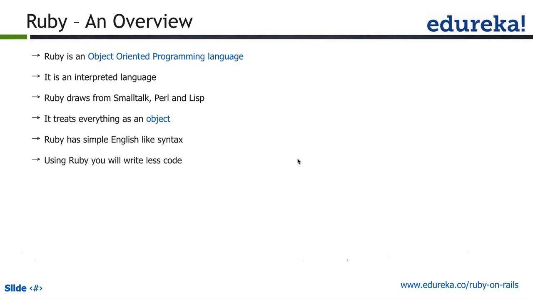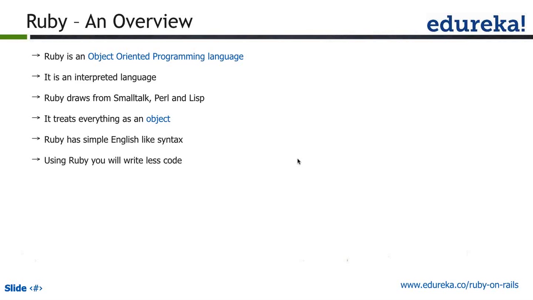For example, you can have int, you can have char in Java, but in Ruby, literally everything is an object. Any number, true, false, nil, right? There's no value in Ruby which is not an object. So every value that you will see in Ruby is an object. Okay.